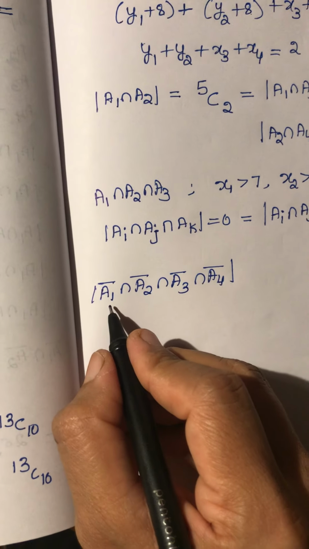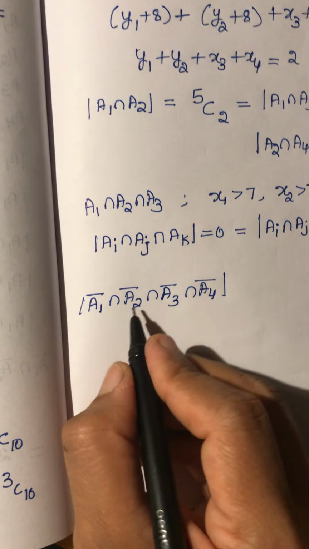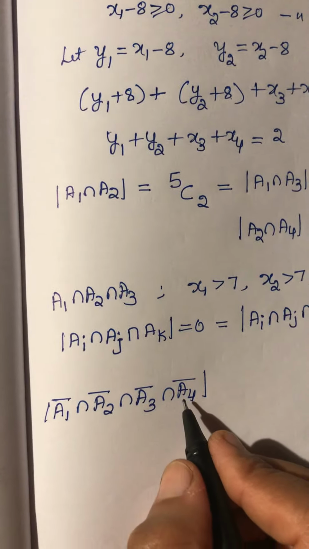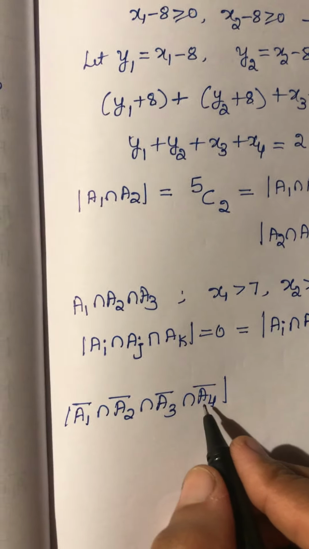That means x1 must not be greater than 7, x2 also must not be greater than 7. Similarly, x3, x4 also must not be greater than 7. It is given by S0 minus S1 plus S2 minus S3 plus S4. Okay. What is S0? S0 is mod S, 21C18.